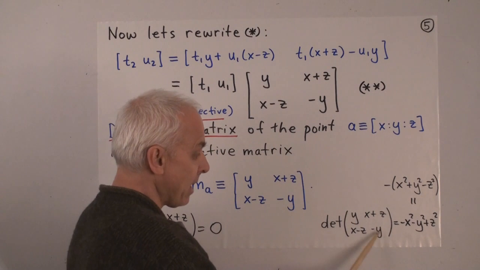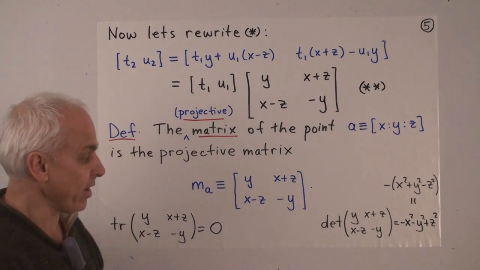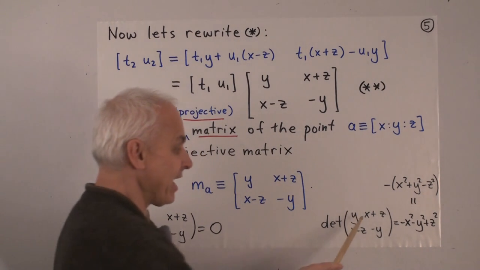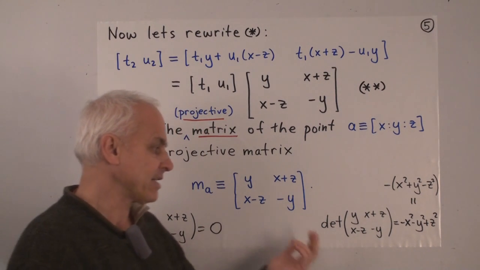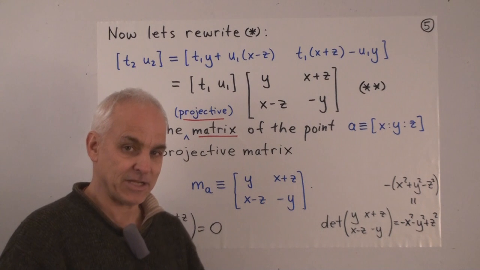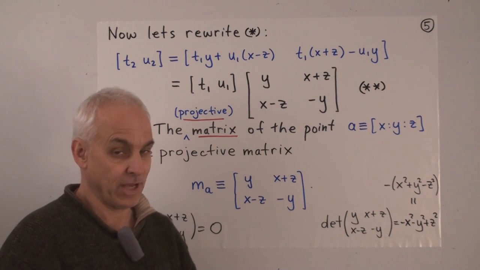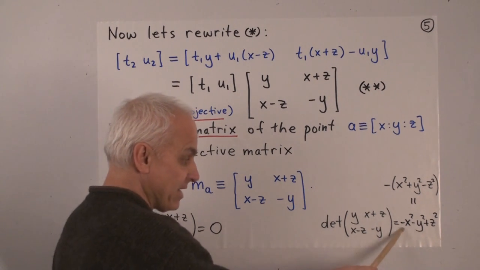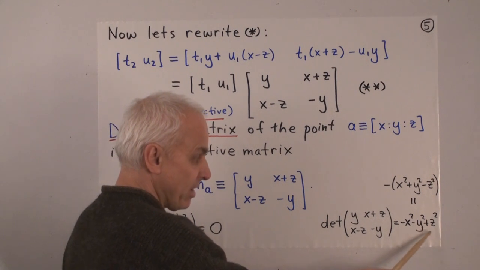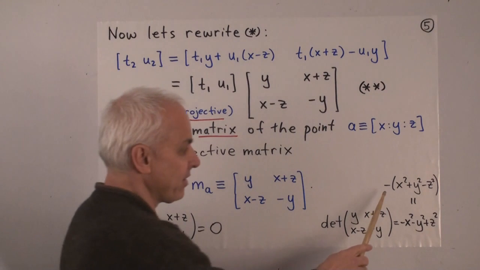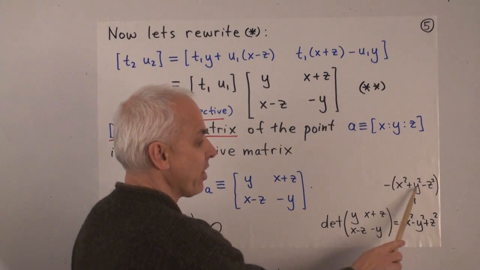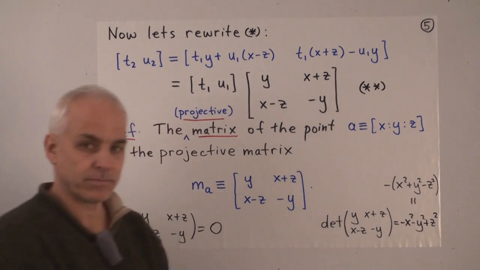Okay, so what is that? Well, it's y times minus y, so that's minus y squared, minus x plus z times x minus z. Well, x plus z times x minus z is x squared minus z squared. If we take minus that, we get minus x squared minus y squared plus z squared. Or if you like, we can write it as minus x squared plus y squared minus z squared.